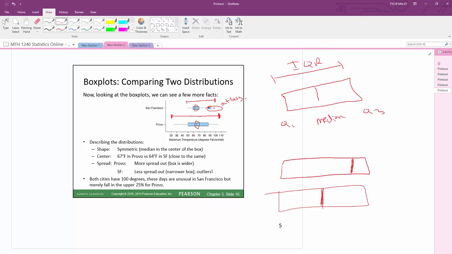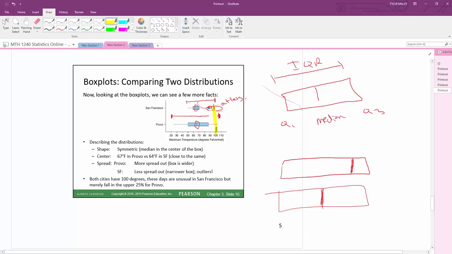And then we can also see that both cities have 100 degrees. So if we look here, going down, both cities do cover temperatures of 100 degrees. Right, so both have temperatures in the yellow, 100 degrees.